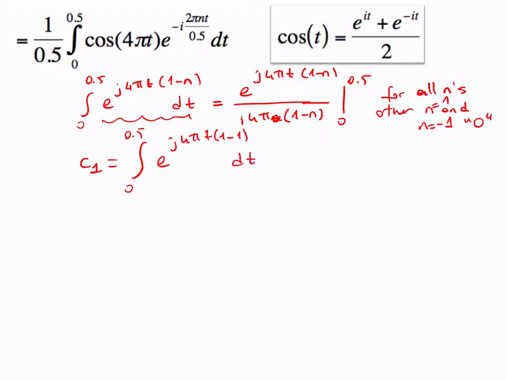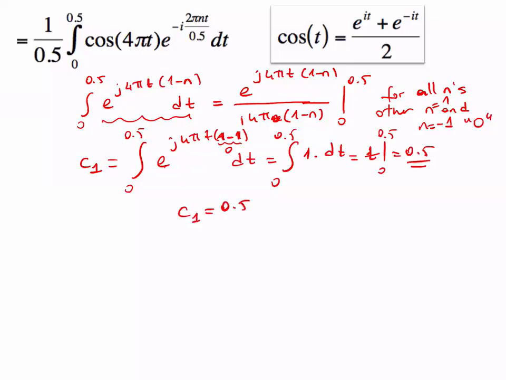What is this? This part is 0, so it is the integral from 0 to 0.5 of 1 times dt. 1 minus 1 is 0, e to the power 0 is 1, so this becomes t from 0 to 0.5, which is 0.5. Okay, so C1 is equal to 0.5.